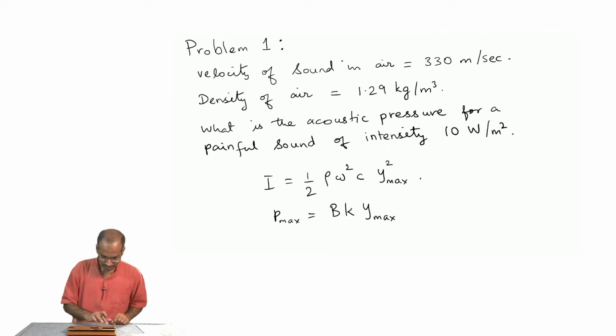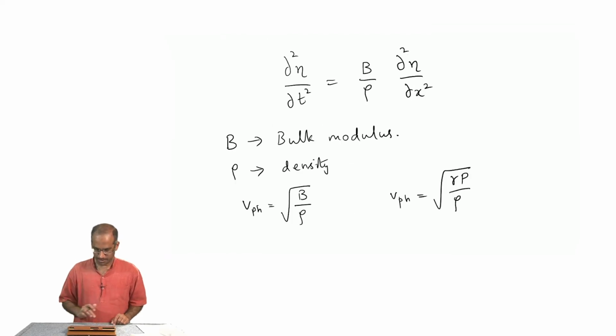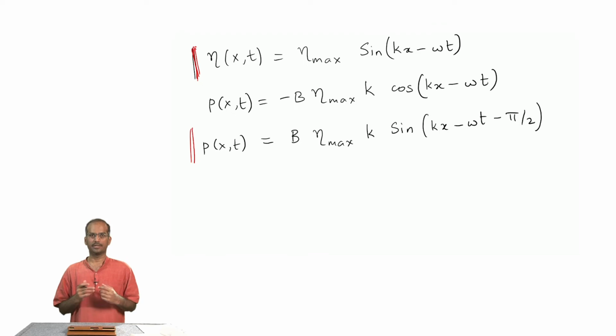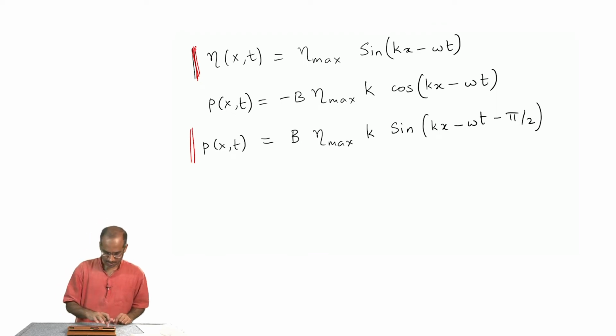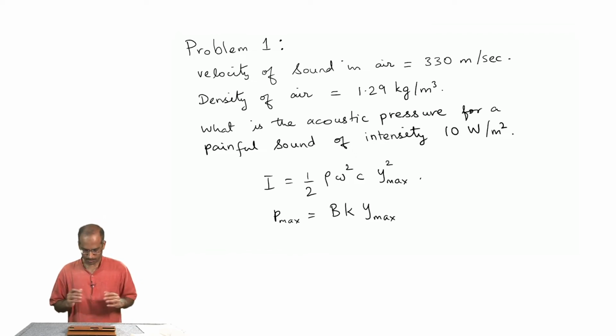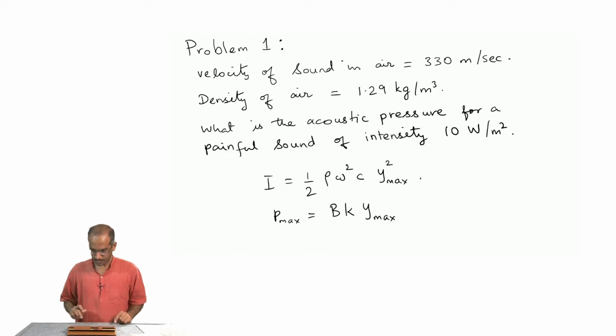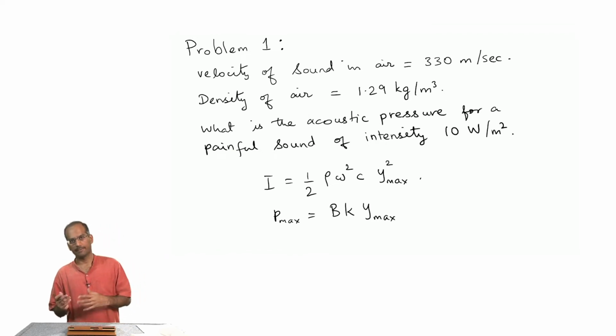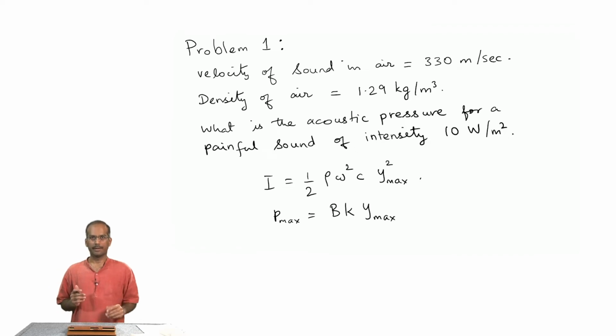So, most of the time I seem to have used eta in the equation of motion, in the wave equation, and I have quoted the solution here in terms of eta, but many times when I was doing problems I have used y. So, you should keep in mind that both eta and y represent displacement for us, and y max or eta max is the amplitude.